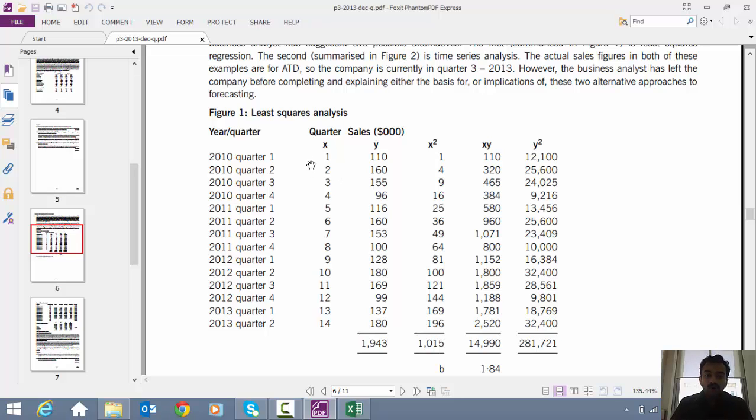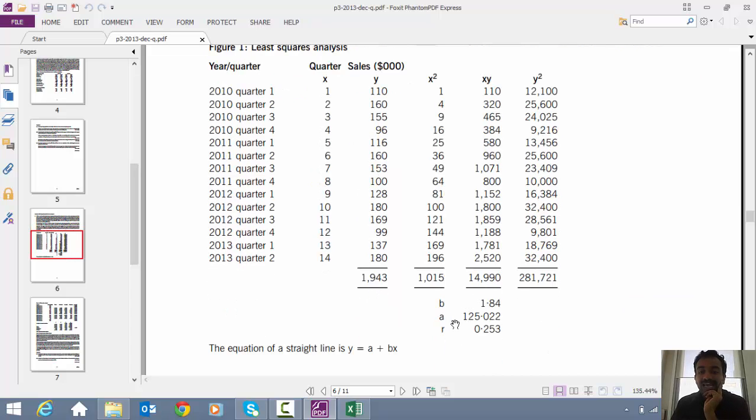Here, time has been assumed to be the independent variable x. Sales is the dependent variable which depends on time, and the formula for regression analysis is used to calculate b and a. In mathematical terms, b represents the slope of a line and a represents the intercept, though you probably don't need to get into those technicalities.